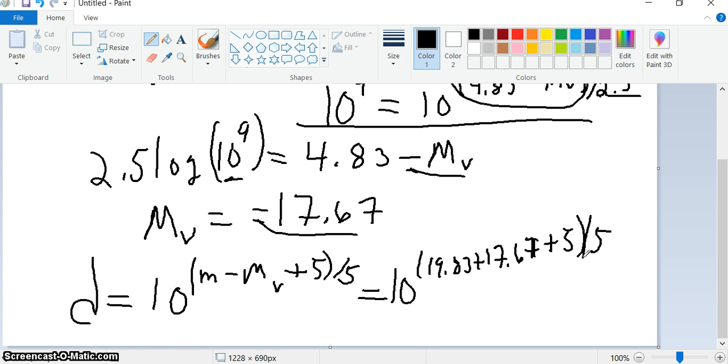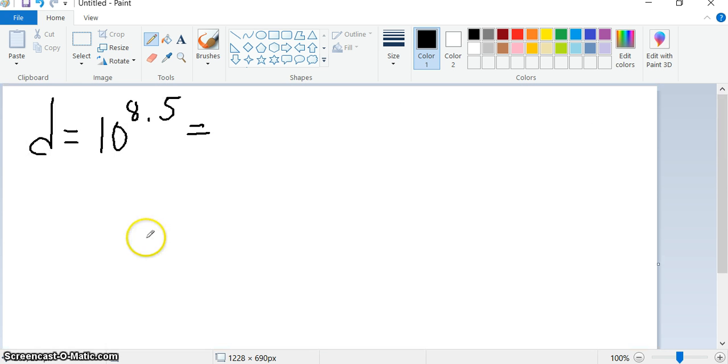All right, so let me pause this for just a second. So ultimately, everything in that exponent becomes 8.5. So the distance to this particular supernova is 10 to the 8.5 in parsecs.